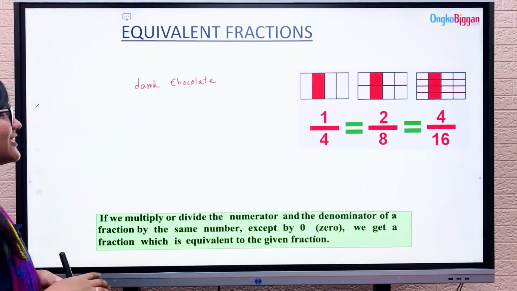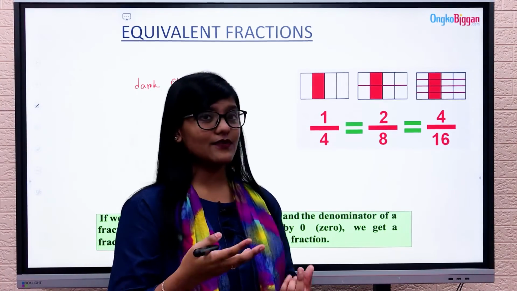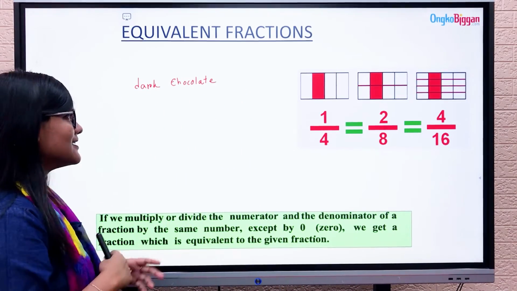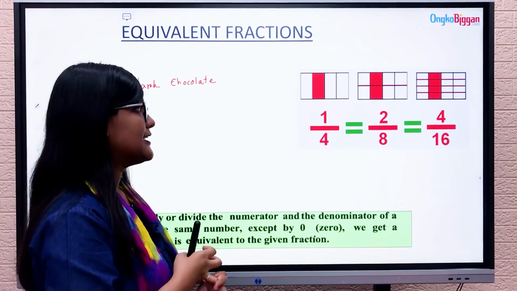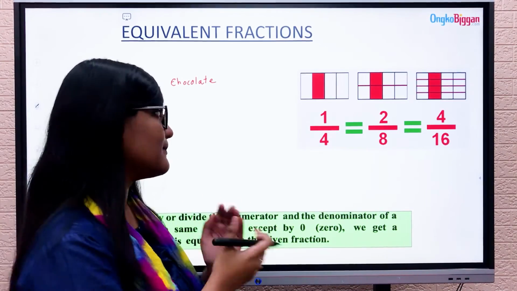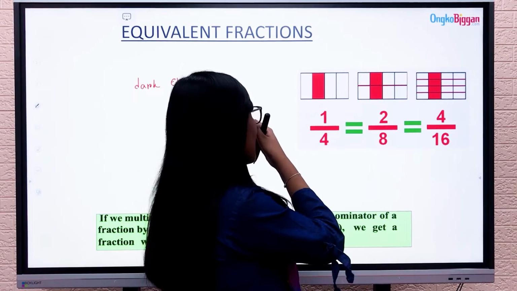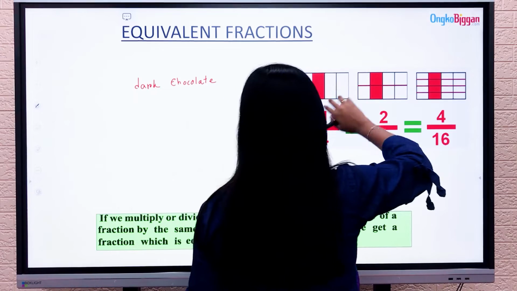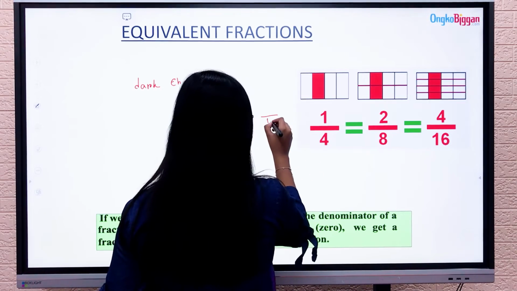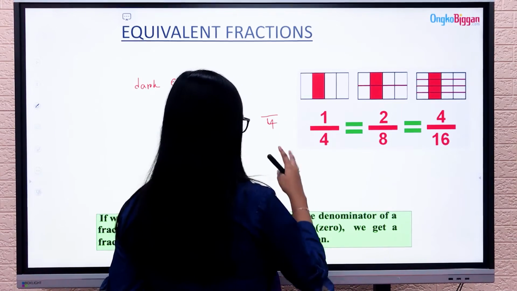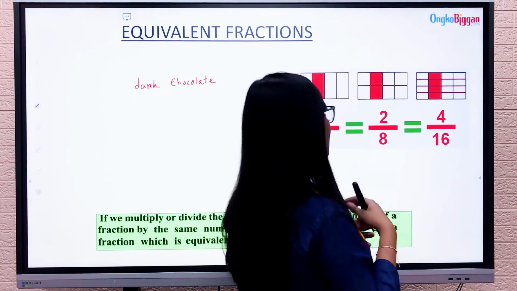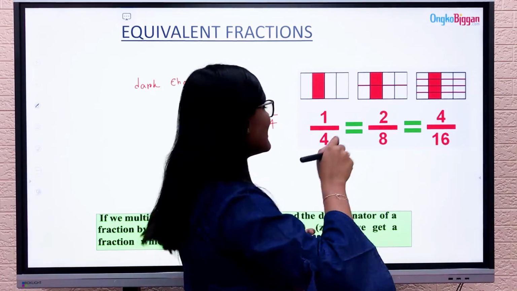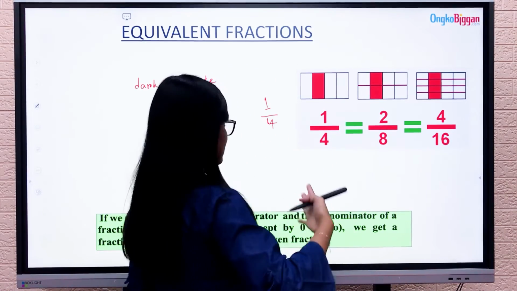So you have to divide the whole thing into 4 parts. The number of chocolates is 1, and you just cut the whole chocolate into 4 equal slices. So here we are getting 4 slices in total, and each member has taken one slice. So 1 by 4. It's quite easy.